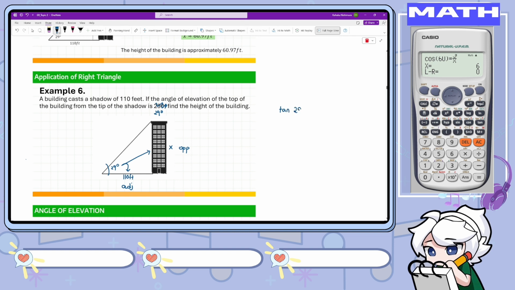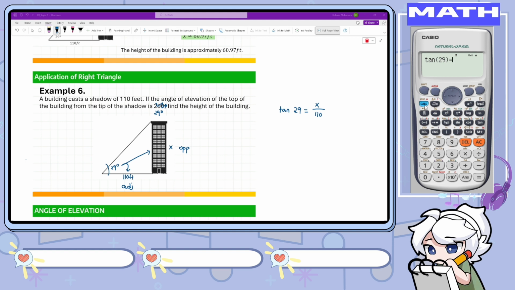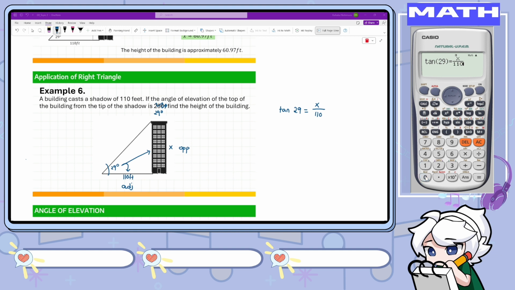Meaning tangent 29 is equal to opposite being X and adjacent being 110 feet. If you want to use your calculator again, tangent 29 is equal to X over 110. And shift solve. Your answer should be approximately, the height of the building is 60.90.